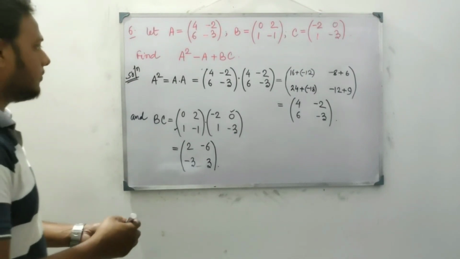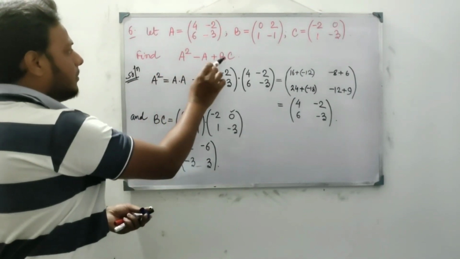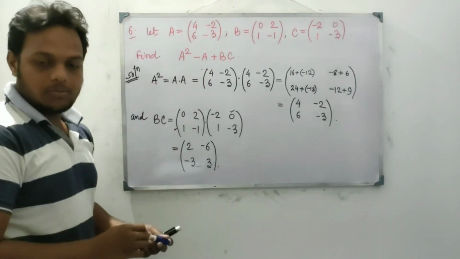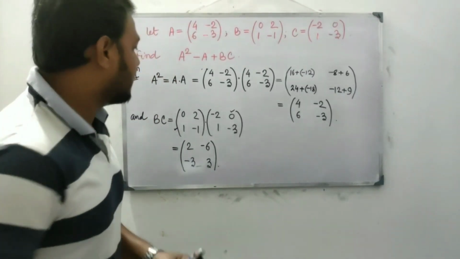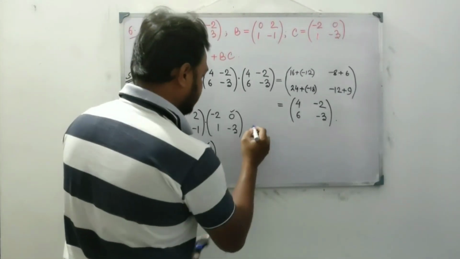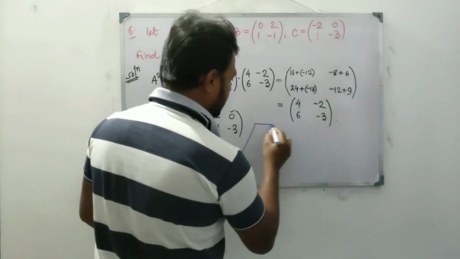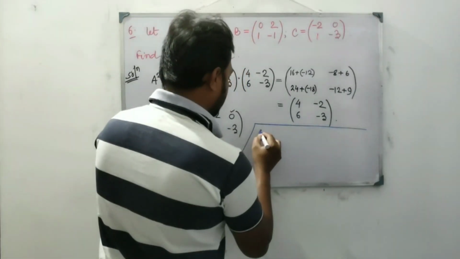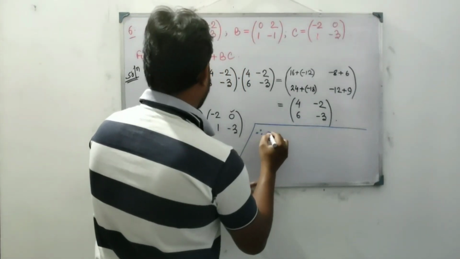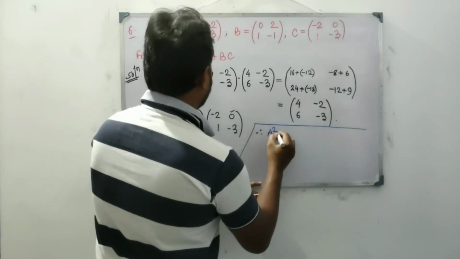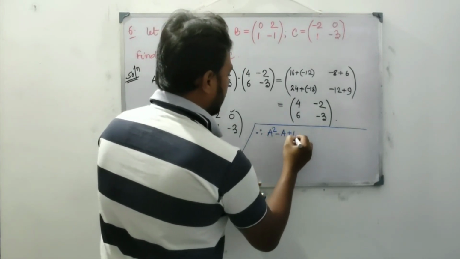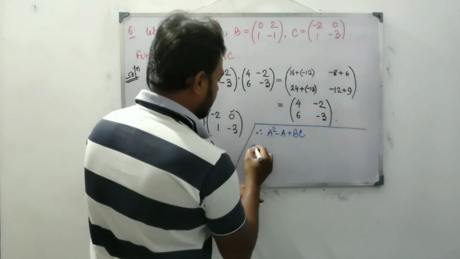Understood? Now we have A square, BC, and minus A. Just put in the values and you will get the answer. I am solving here. Therefore, A square minus A plus BC equals, put in the values.